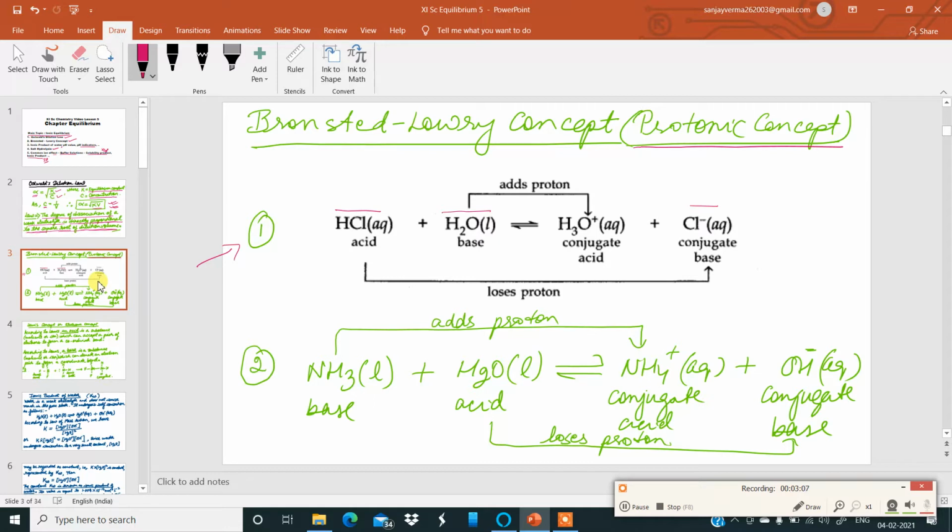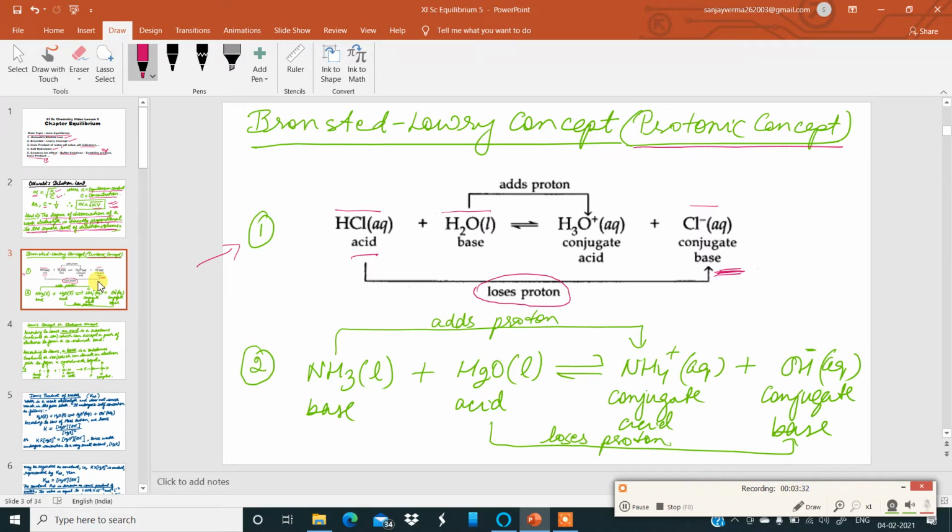This hydrochloric acid loses a proton to give chloride ion, which is the conjugate base. So acid, conjugate base. That is what we call a conjugate acid-conjugate base pair.